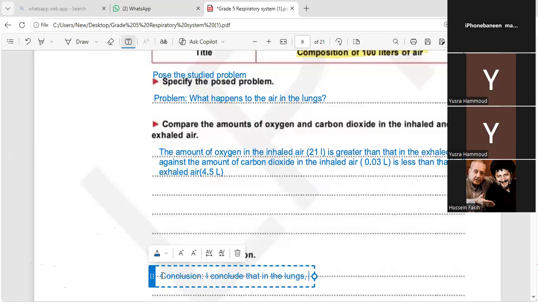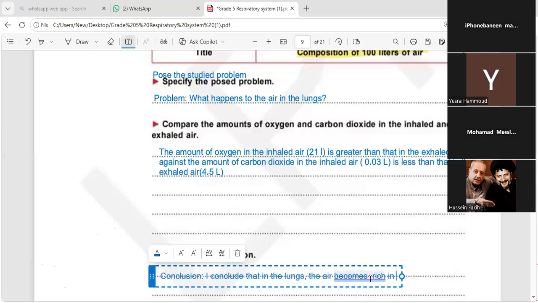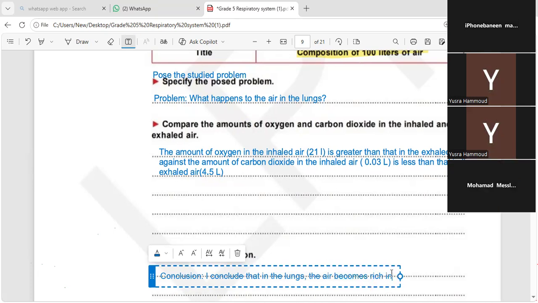I conclude that in the lungs the air becomes rich in what? What became more? It was 0.03 and became 4.5. So it becomes rich in carbon dioxide.